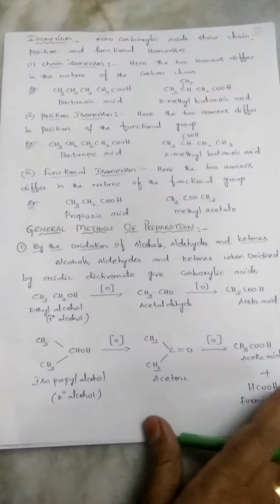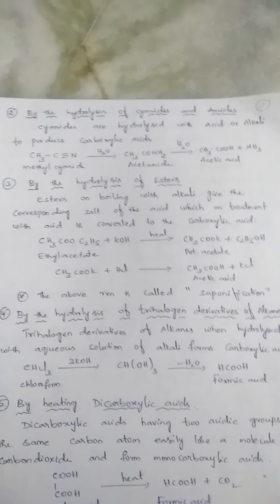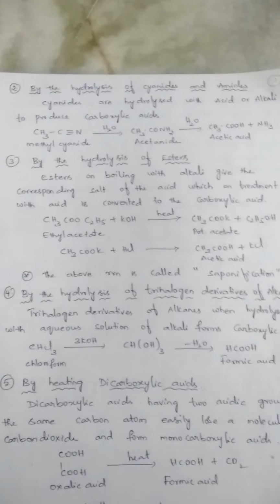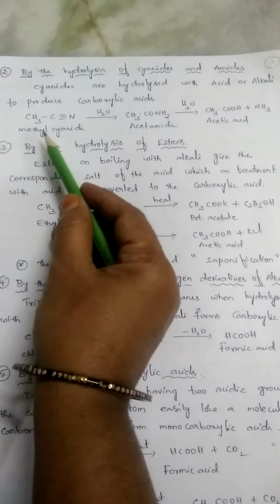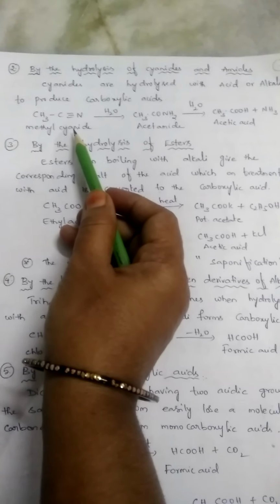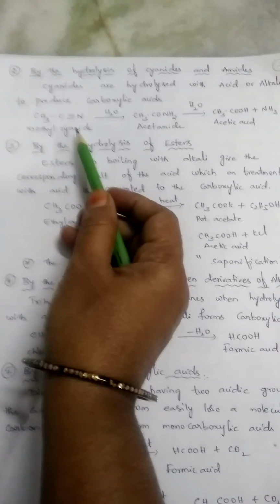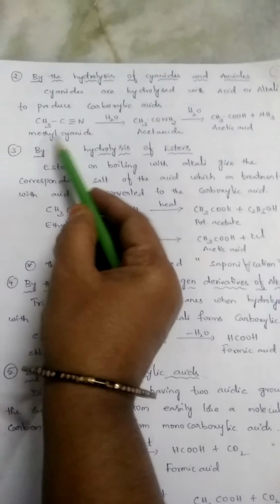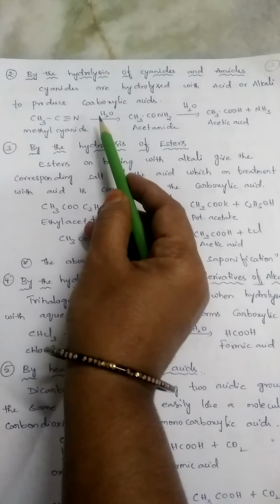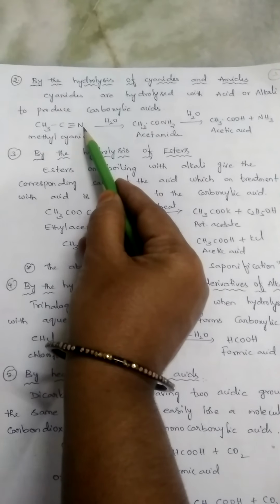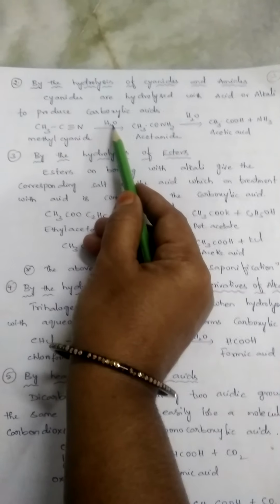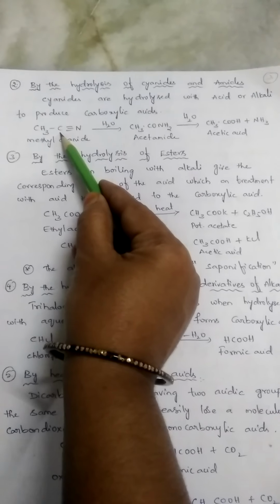And the next one is the hydrolysis of cyanides and amides, which is a general one. In your next semester, you are going to read the cyanides chapter, where you will get the same chemical reaction. So cyanides upon hydrolysis, see H2O: among this H2O, H2 will attach to nitrogen and oxygen will attach to carbon.